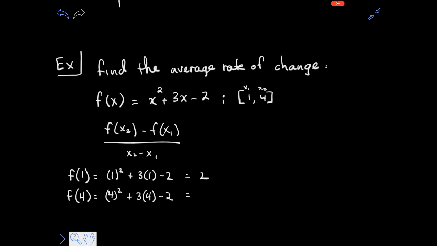So we've got 16. 16 plus 12 minus 2. 16 plus 12 is 28. 28 minus 2 is 26.